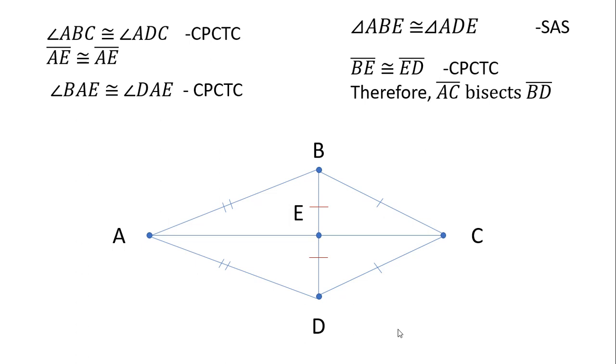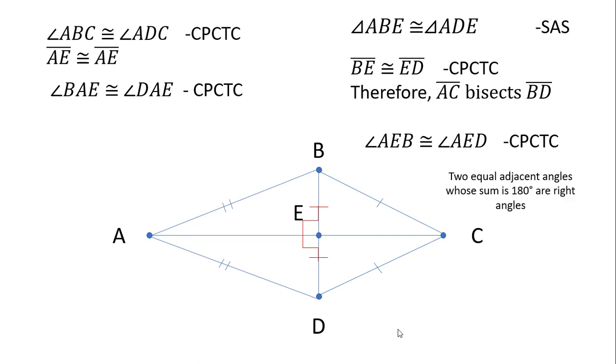Therefore, BE is congruent to ED by the same corresponding triangles. Therefore, AC bisects BD. Alright? And then AEB and AED are congruent angles, also by the corresponding triangles theorem.